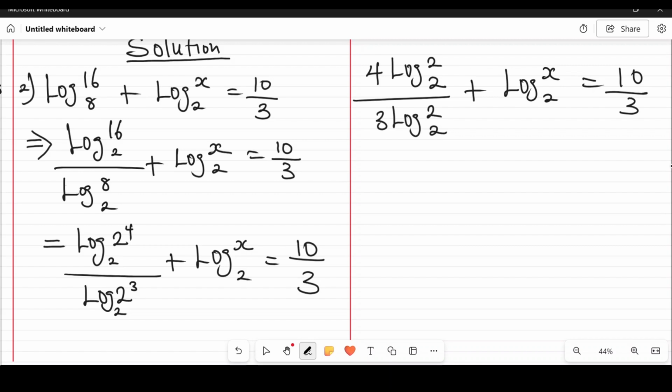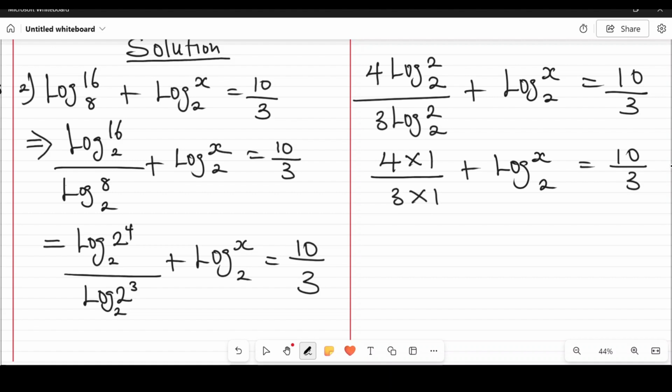We know that logarithm to its base is equal to 1. So this becomes 4 times 1 divided by 3 times 1 plus log x to base 2 equals 10 divided by 3. So from here we arrive at 4 divided by 3 plus log x to base 2 equals 10 divided by 3.